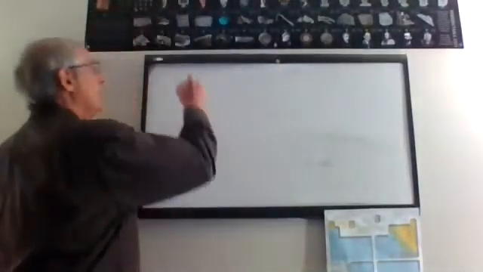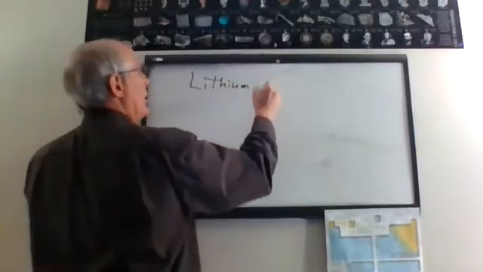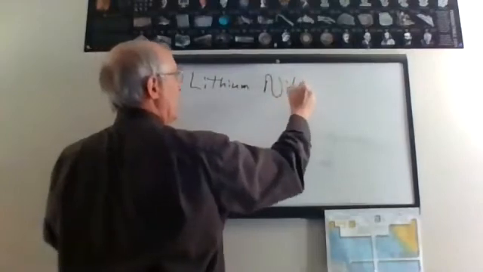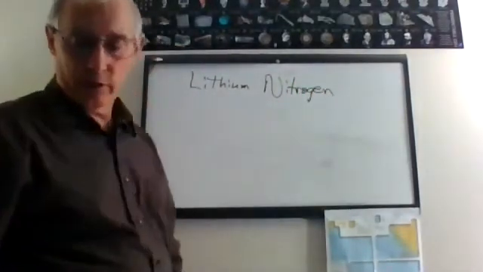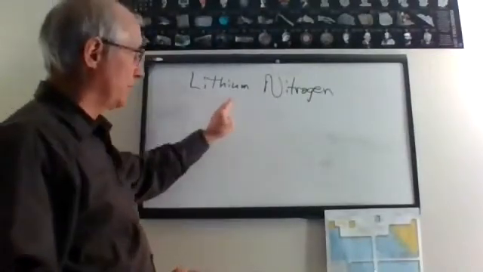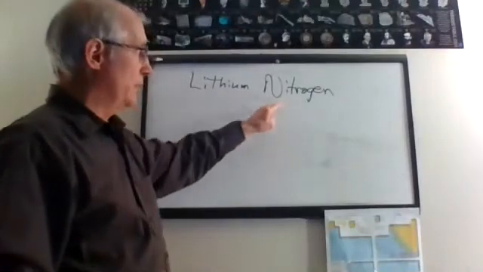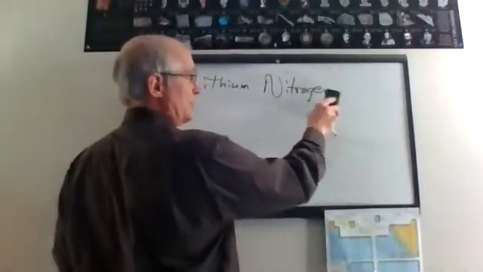It says formula for lithium nitride. Lithium, nitrogen. Now, if it is a binary compound, which this is, it has 2 flavors, then we use the IDE ending. So we don't call it nitrogenide.